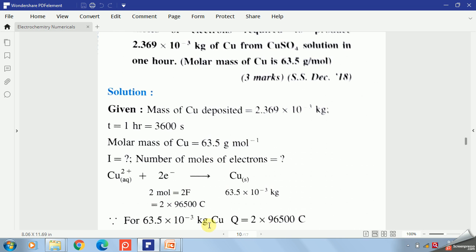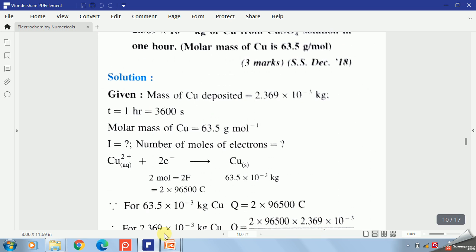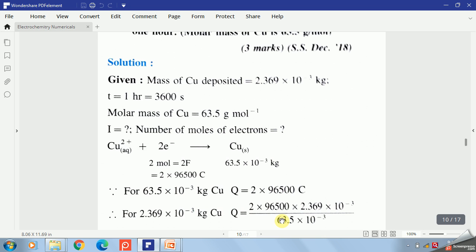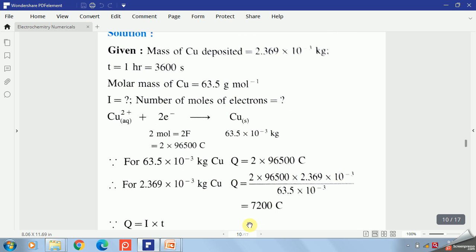So 63.5 into 10 raised to minus 3 kg copper requires how much quantity of electricity? 2 into 96,500. But the copper deposited is 2.369 into 10 raised to minus 3. So simple cross multiplication, into 2 into 96500 divided by 63.5. So if you solve this with logarithm, your answer is 7200 Coulomb.